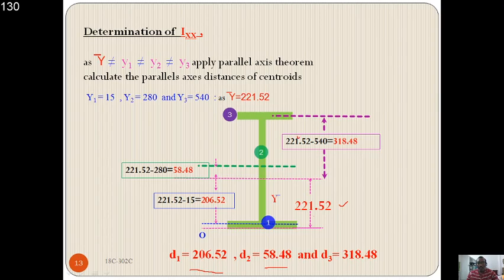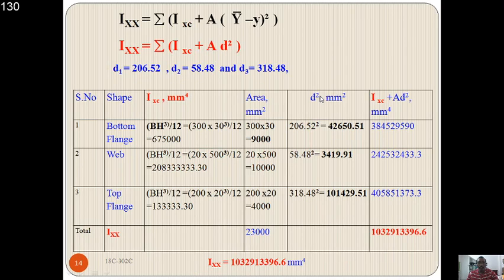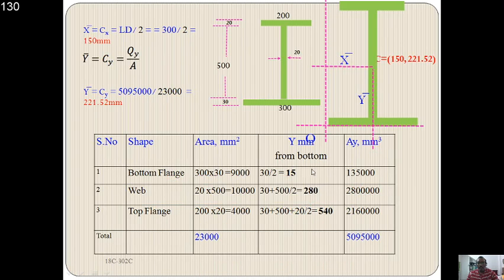So use this y bar minus the individual values, which are taken from the individual centroidal axes. They are the individual axes, right? So 221 is the total y bar.